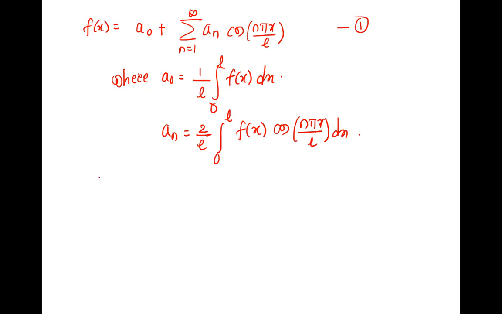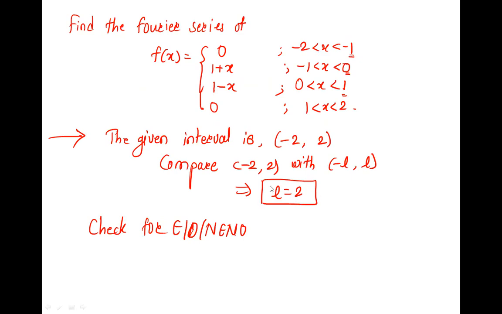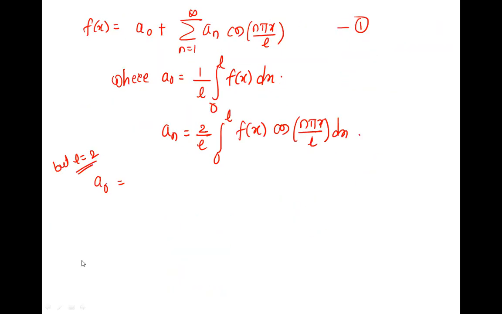So we'll go with a0 first. But what is L? We have found it already, L is 2. So we put L is 2 then: 1 by 2, integration 0 to 2, f(x) dx. On 0 to 2, what is the function?